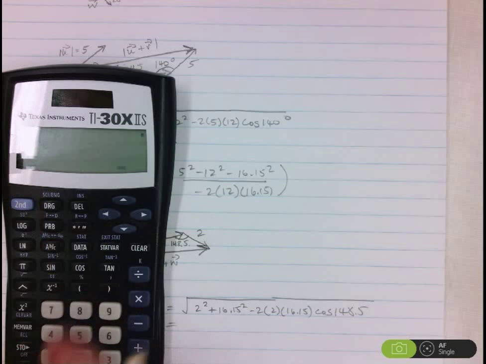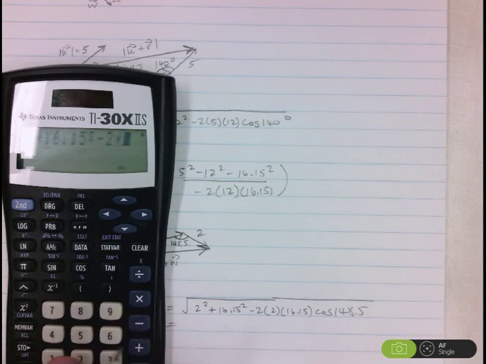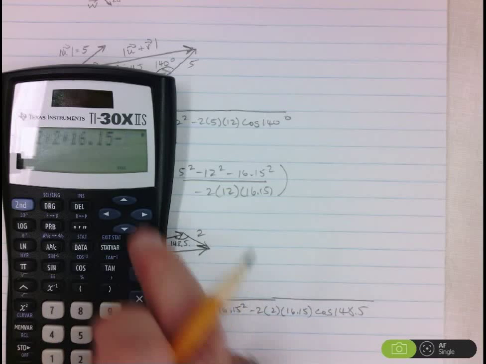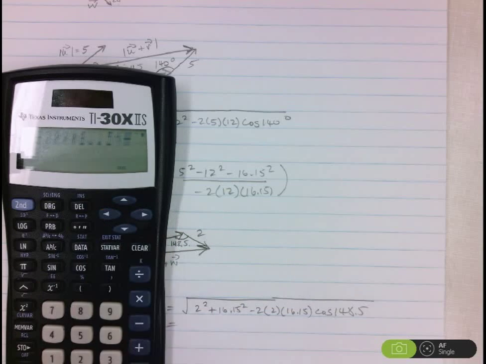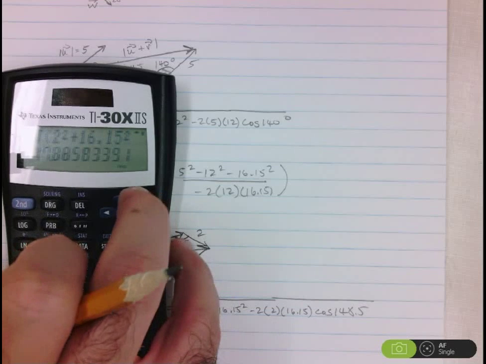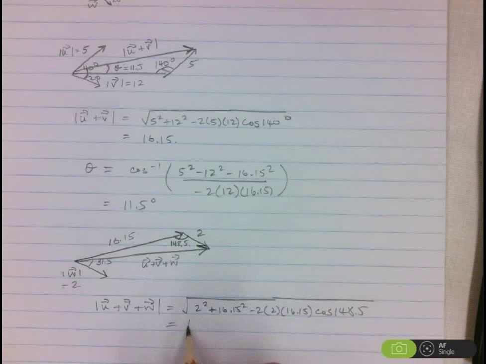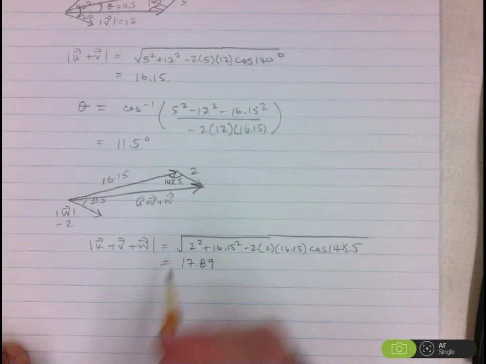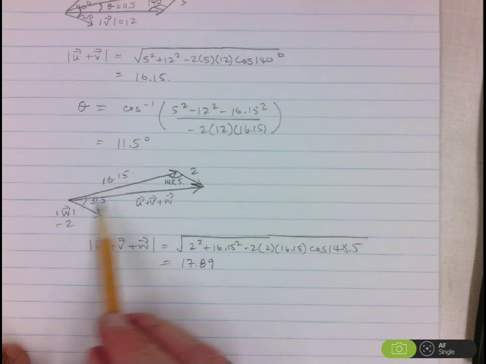Square root of 2 squared plus 16.15 squared minus 2 times 16.15, whoops, not minus, but times cos of 148.5. There we have 17.89. So we've got the magnitude of the resultant of all three vectors.